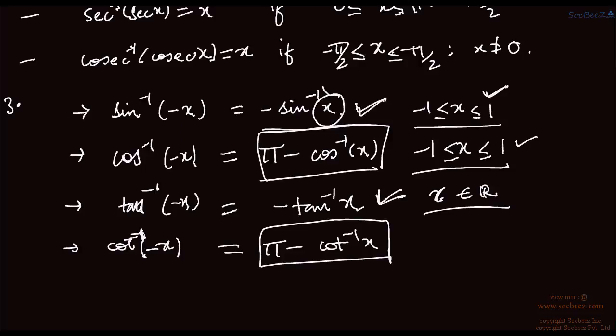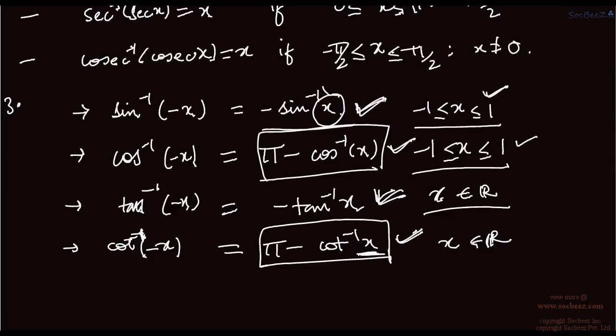They share the same range, and that's why their functions will give the same type of values at minus x. They share the same range except for some points, and I will not talk about that. We can say that they share a similar range. So that's why cos inverse minus x and cot inverse minus x are of the same type. But the domain will be R, because the domain for cot inverse is R. We are dealing with cot inverse, that's why.